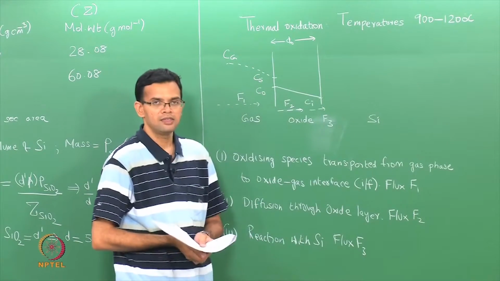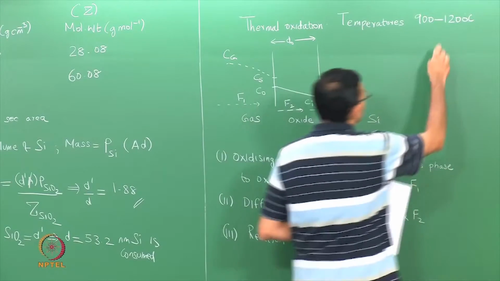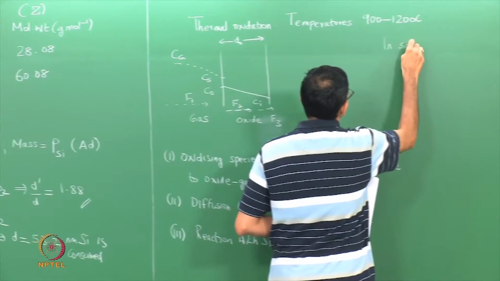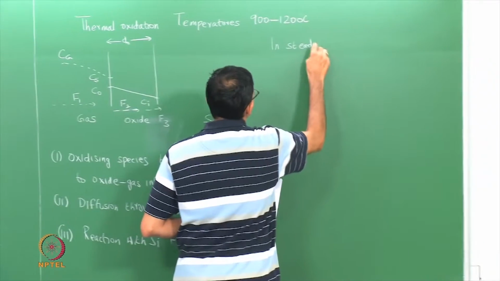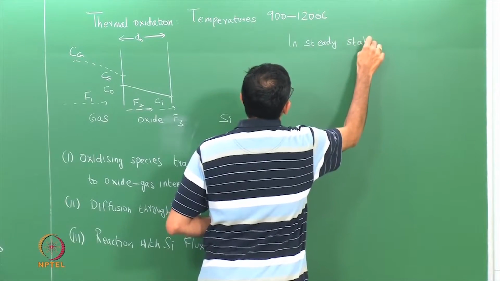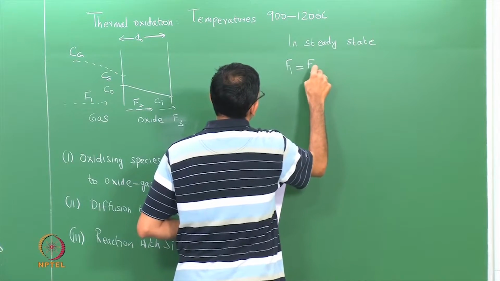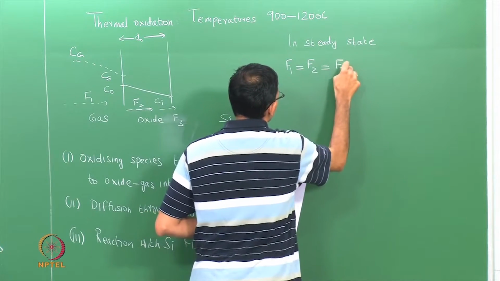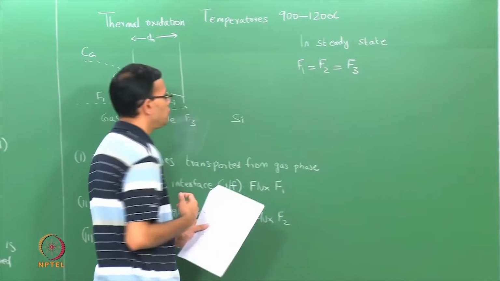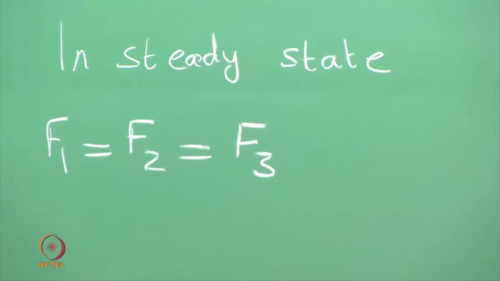So, if you look at the system in steady state, F1 is equal to F2 is equal to F3.